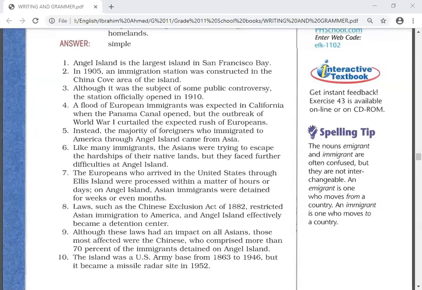Okay, number 8. Who can do number 8, guys? Please put your hands up if you know the answer. Captain Ali, can you do it? Laws such as the Chinese Exclusion Act of 1882 restricted Asian immigration to America, and Angel Island effectively became a detention center.